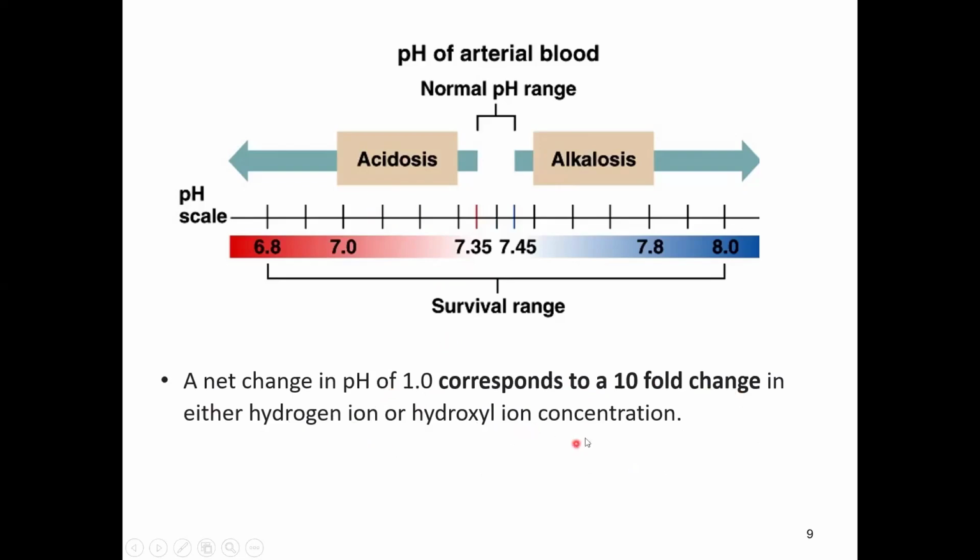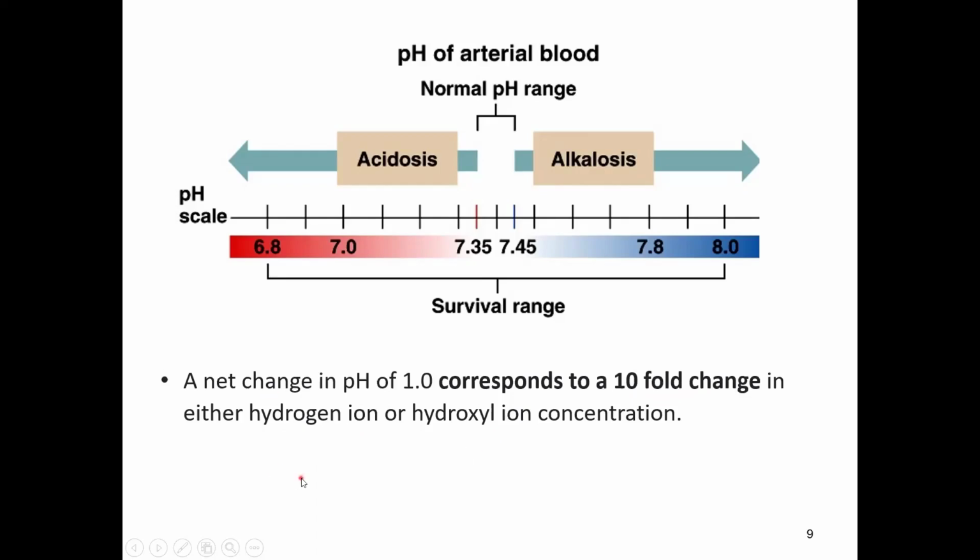Why? Because pH is a logarithmic value, and a net change in pH of 1 corresponds to a 10-fold change in either hydrogen ion or hydroxyl ion concentration.